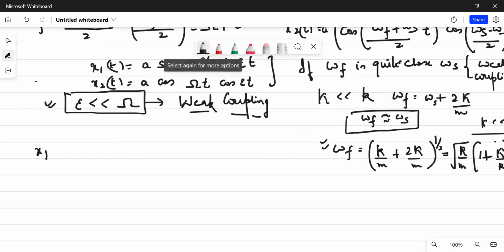Now particularly in the exam, if somebody asks you a little more than this, they can ask how the graph would be, nothing more than that. So you can see that if epsilon is very, very less than omega, what will happen?